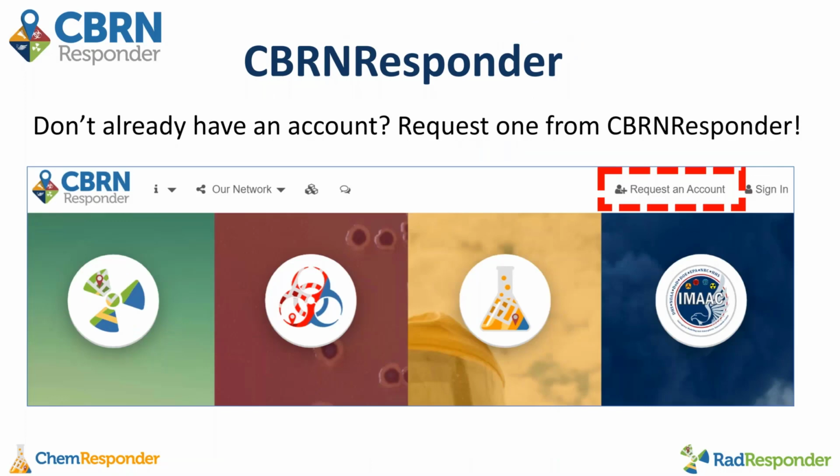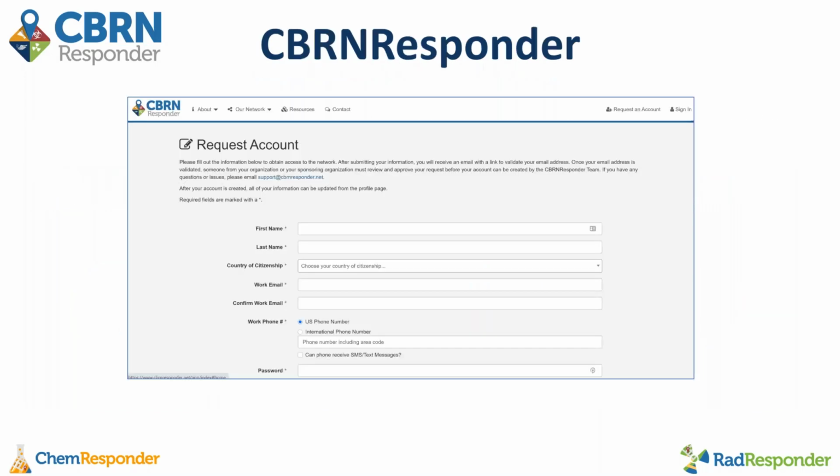So if you are a new user, which this is a new user webinar, and you do not already have an account, you can request one from CBRNResponder. On the pre-login page, in the top right-hand corner, highlighted in red, you will see the request account tab, and you want to go ahead and click that, and it will bring you to this request account page.